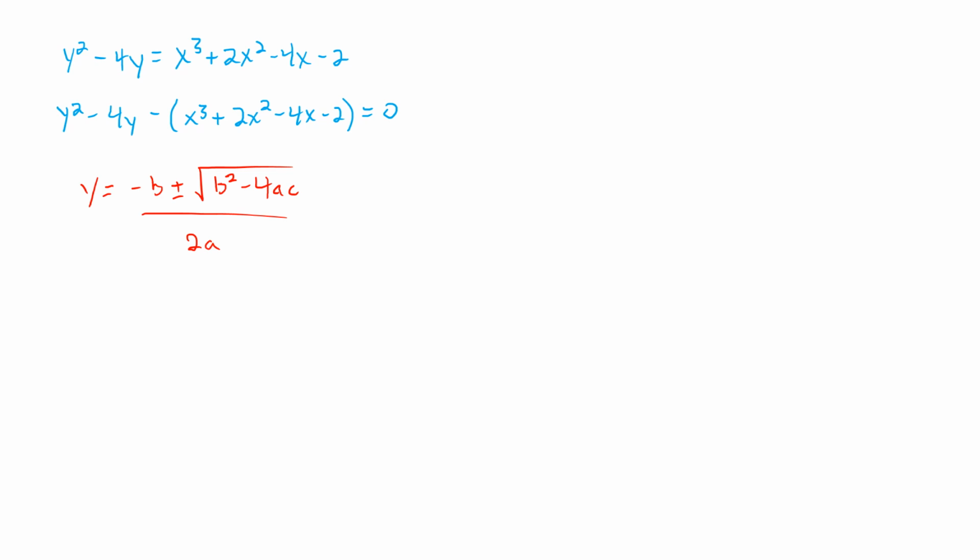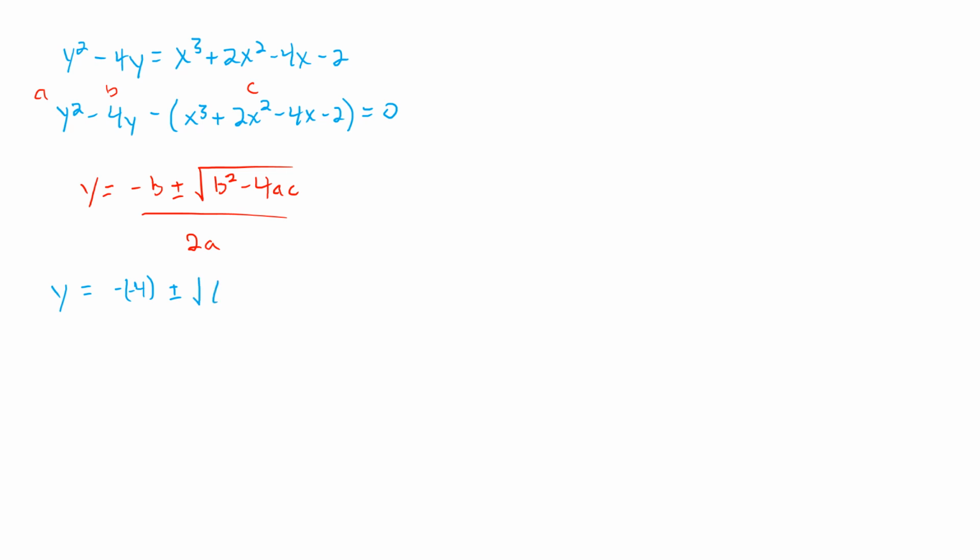And so this would be our a, our b, and this whole thing would be our c. Yes, that whole thing. So y equals negative, that would be a negative 4, plus or minus the square root of b squared.